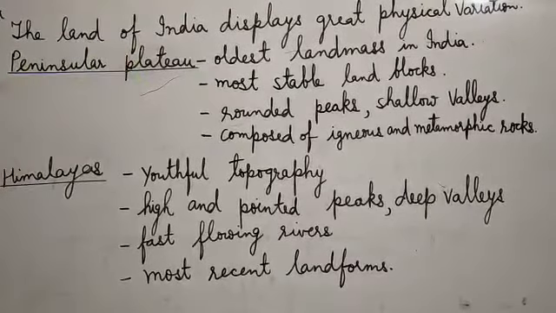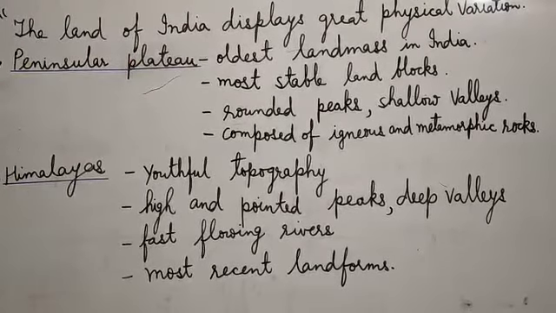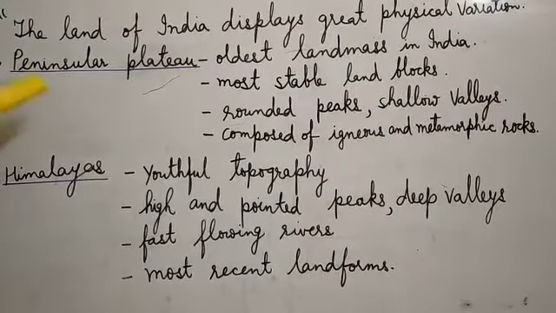The Peninsular Plateau is mainly found in southern India. This plateau is the oldest landmass in India, as it was part of the old Gondwana land. This is also the most stable land block.